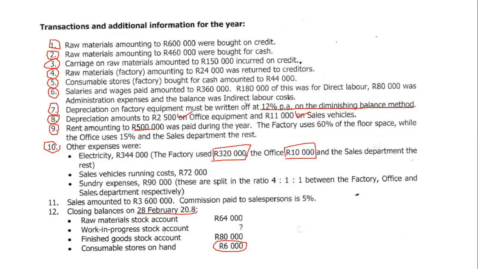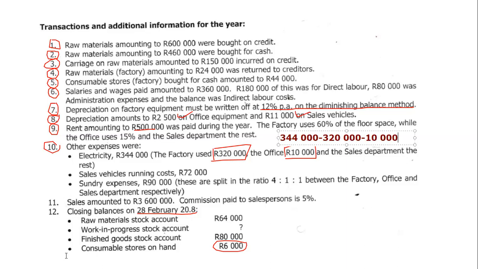How much will go to sales? 14,000 will go to sales. How did you get that? We said 344,000 minus 320,000 minus 10,000 equals 14,000.